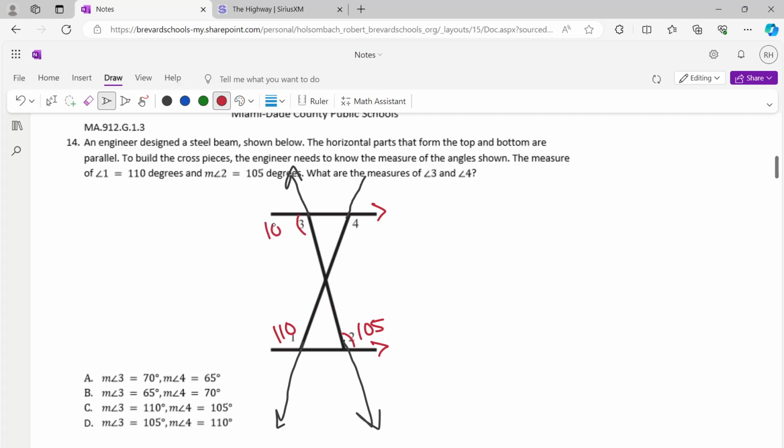So this is 105. And angles 1 and 4 are alternate interior angles, so this is 110. So 3 is 105, 4 is 110. Answer choice D.